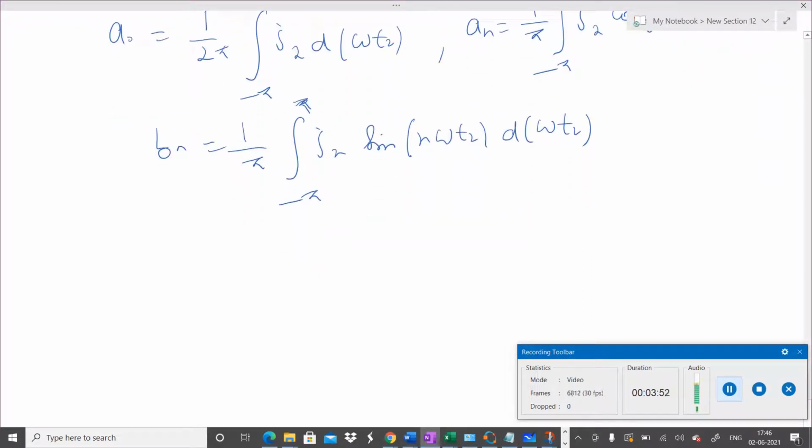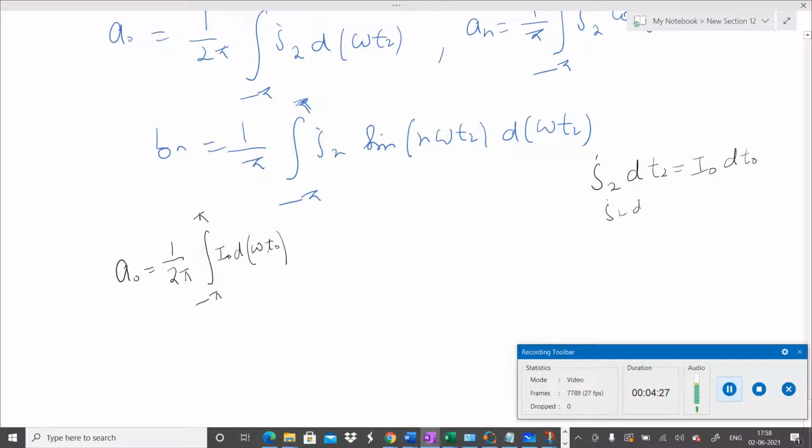And now we will substitute the values of the corresponding terms, and we will try to get some simplified expression. First of all, this A0, which is defined as this is our A0, and see, what we have done here is we have used the relationship that I2 dt2 is equal to I0 dt0.